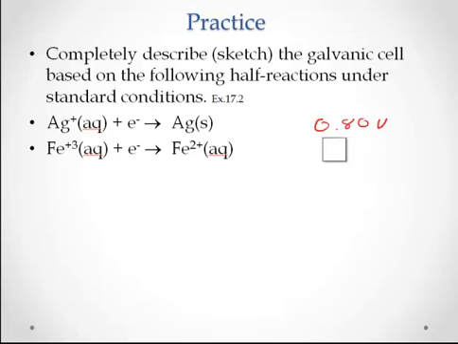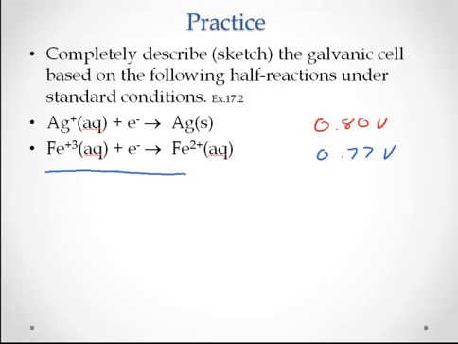Now, here's our issue. These are two reduction potentials. Obviously, if there's reduction, there has to be oxidation, so we've got to flip one of these reactions. There's really only one combination to flip to get a positive potential. Hopefully you would agree with me that we've got to flip the iron, because if we flip the silver, we get negative 0.80 and can't get it positive.